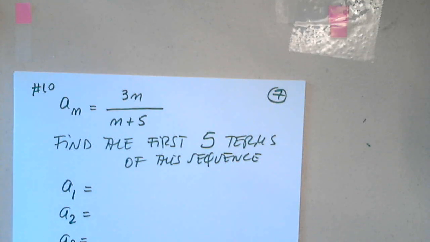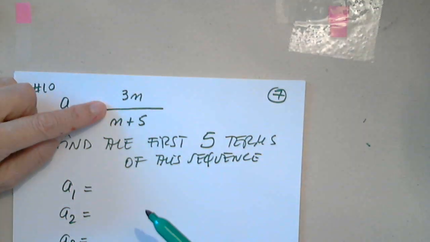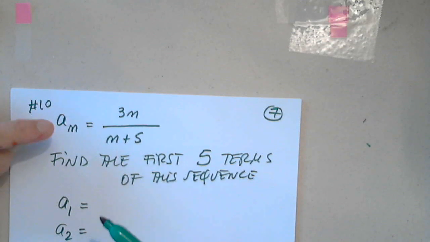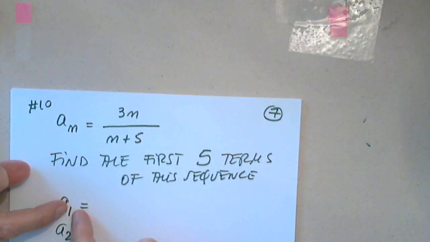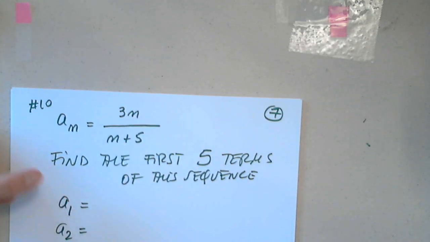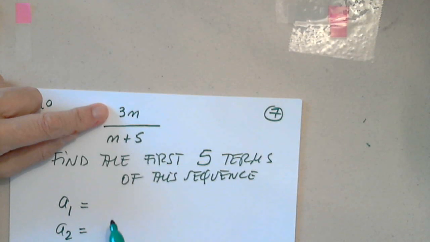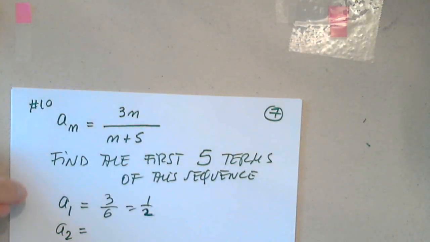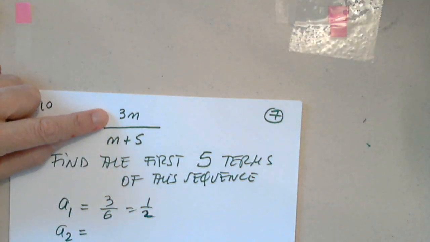Okay. So can anyone give us a1? By comparison, I only have to replace n by 1. Whatever I get will be the first term. Is it 3 over 6? 3 over 6, which is 1/2. Awesome. For 2, 6 over 7.